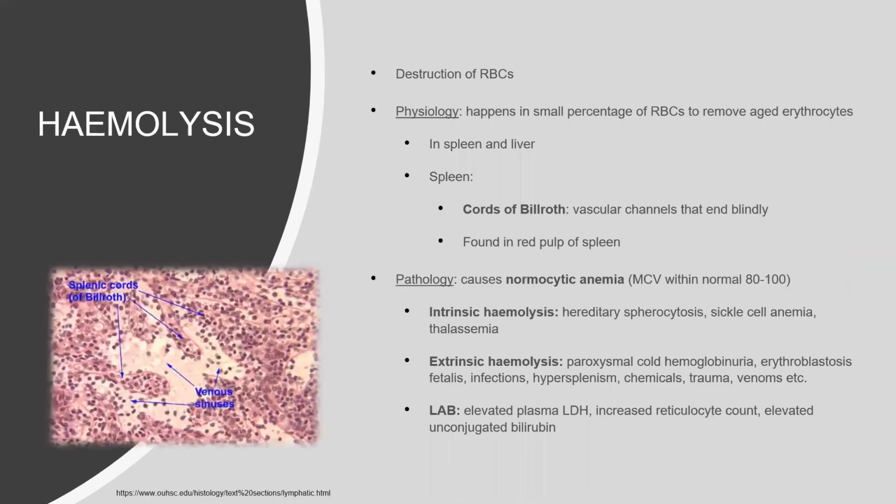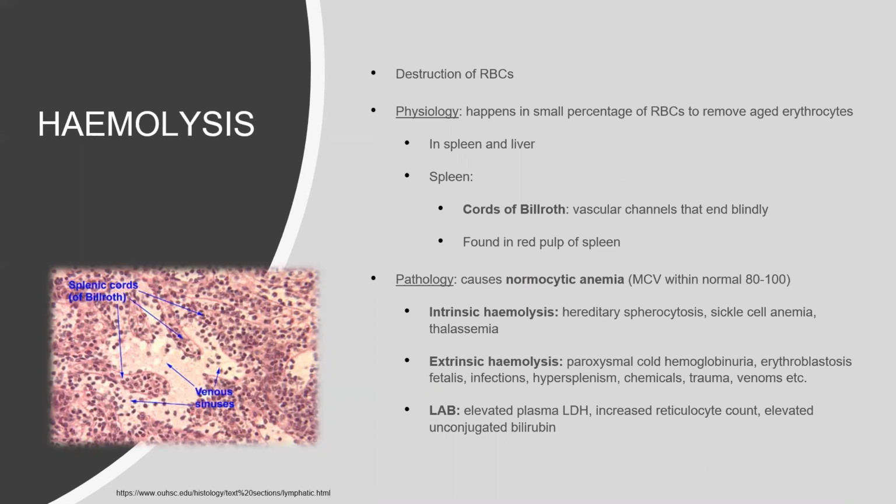For example, hemolysis is seen in pathology, and it causes normocytic anemia. Normocytic means that the mean corpuscular volume of the red blood cells is within the normal range. During this anemia, you can see increased, elevated unconjugated bilirubin, right?